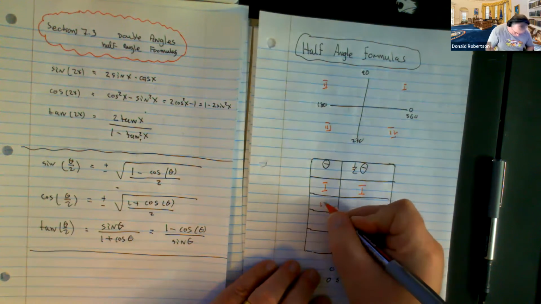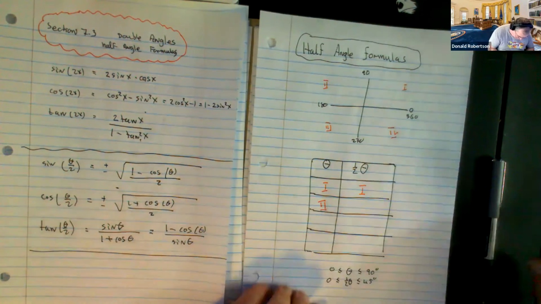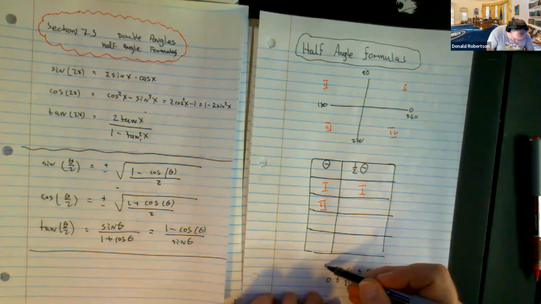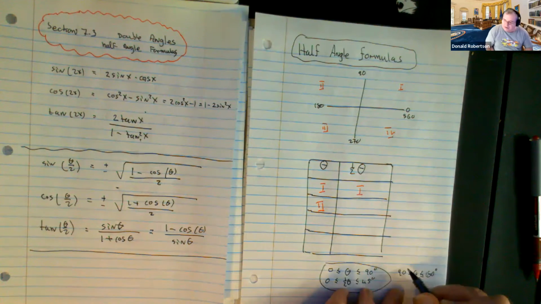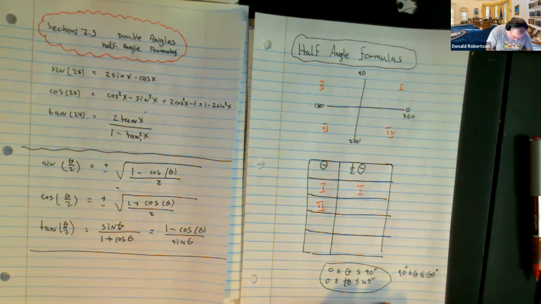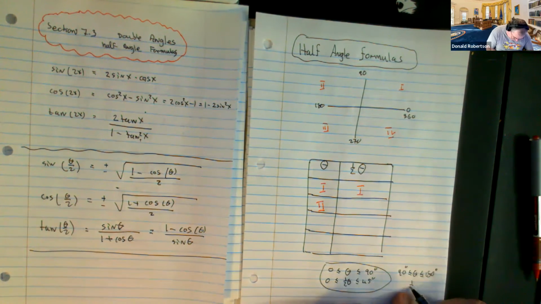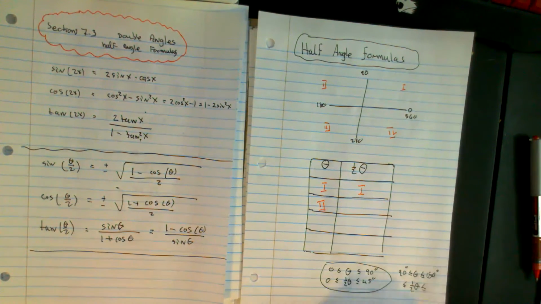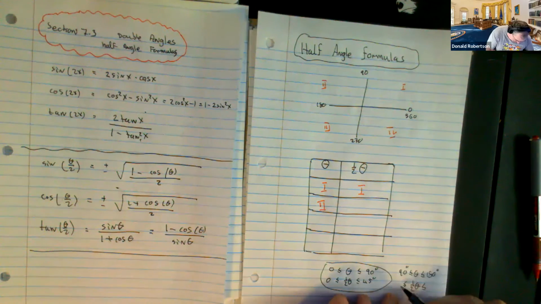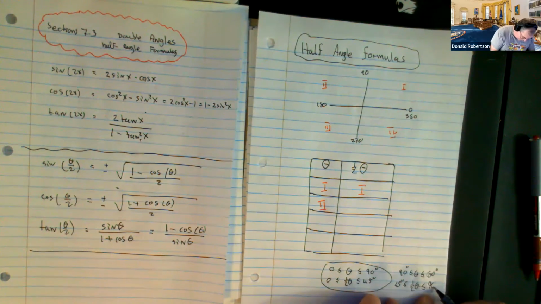Let's do the second quadrant then. Put a little bubble around that there. If you're in the second quadrant, aren't you somewhere in the range 90 to 180 degrees? Great. So what range is a half theta going to be in? 45 to 90. And would you agree that is still in the first quadrant?